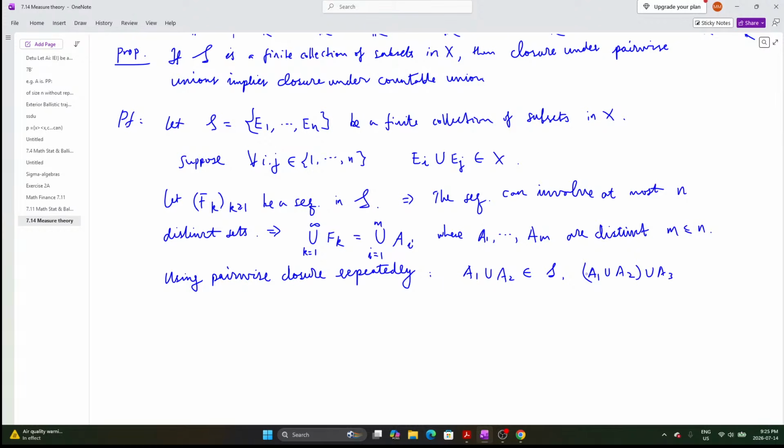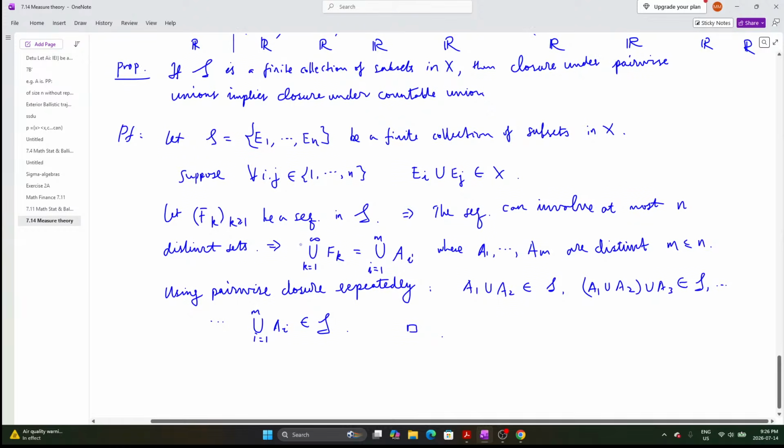Of course, the bracket does not matter. I'm just saying we're using the previous result here, and so on, you get the union of A_i, i from 1 to m, belongs to S. So we're done.